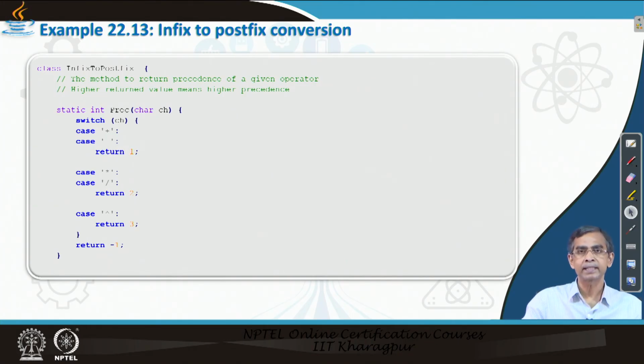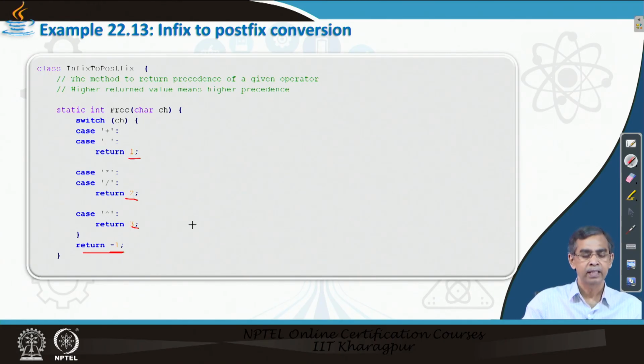Now, this method has a few blocks of code. The first one: for every symbol in your expression, you have to return its precedence or priority value. We will assume that a symbol in an expression is either a character or an operator, that means plus, minus and so on, and here the priority or precedence of all these values is defined. Others are either starting brackets or ending brackets.